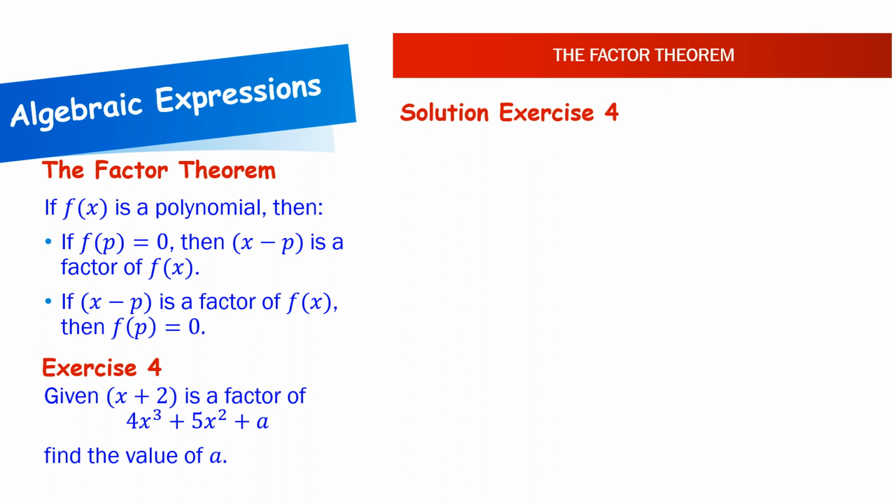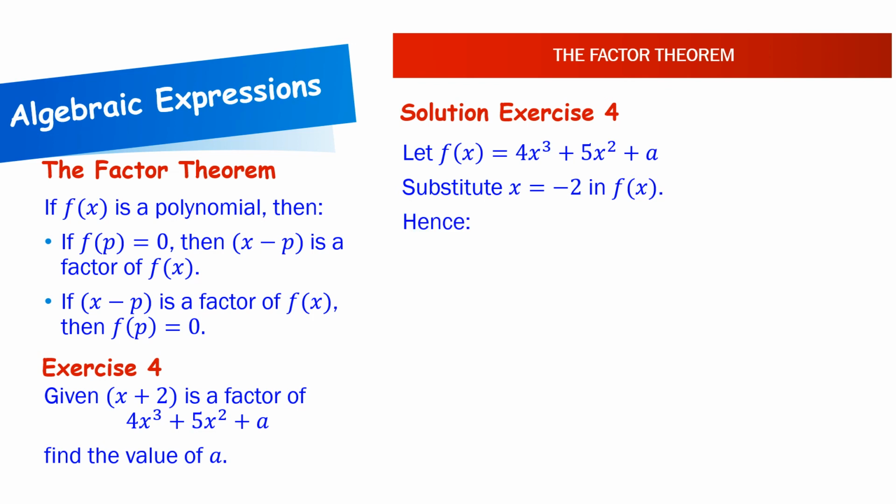So let's solve this. Let f of x equal this polynomial. Then substitute x equals minus 2 in f of x. We do this because x plus 2 is a factor of the polynomial. And therefore, we have that f of minus 2 equals 4 times minus 2 cubed plus 5 times minus 2 squared plus a is equal to 0, since x plus 2 is a factor.